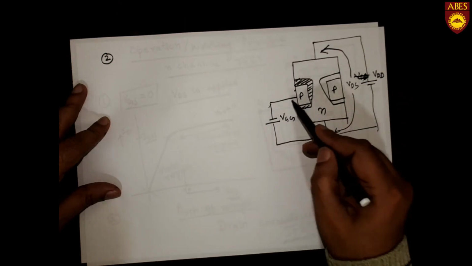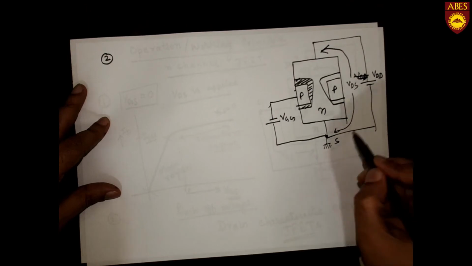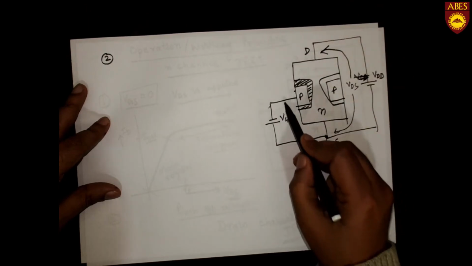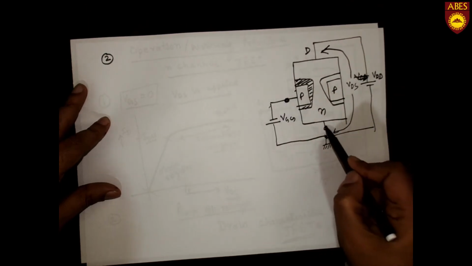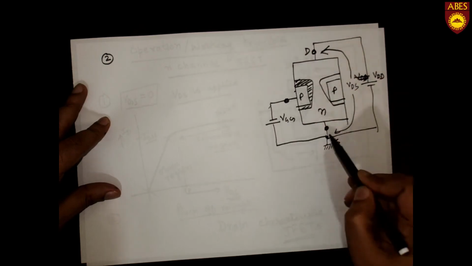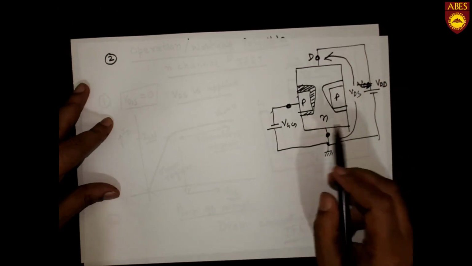The voltage between gate and source is VGS, and between drain and source is VDS.